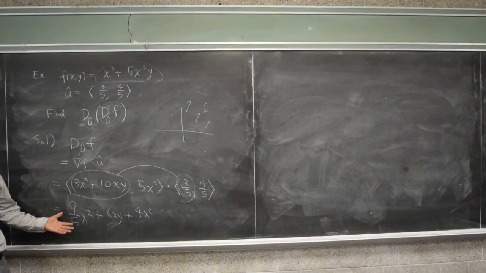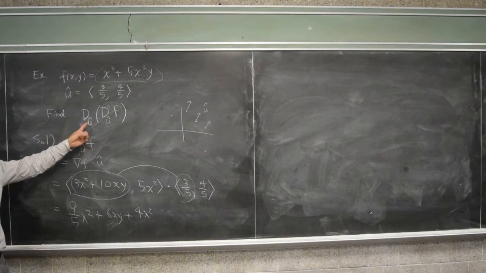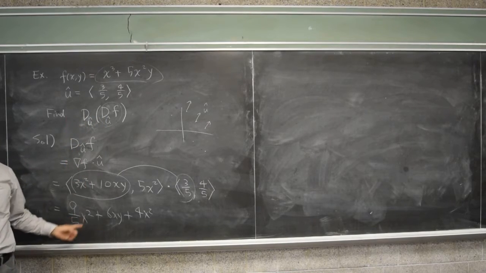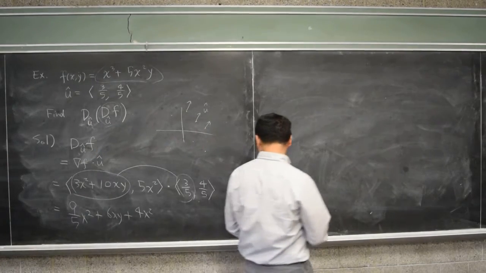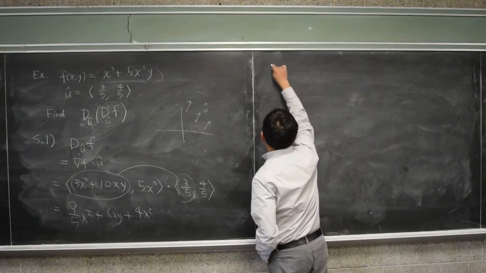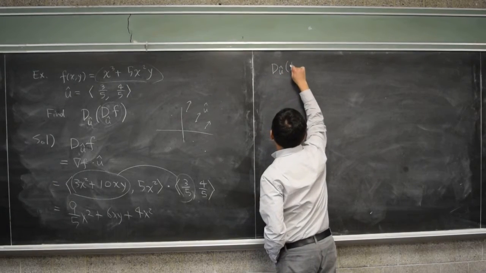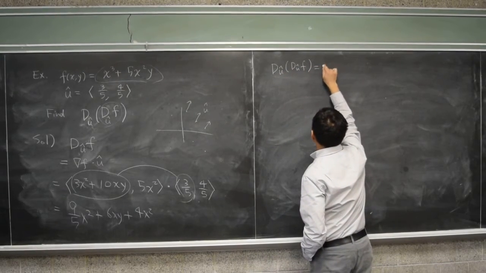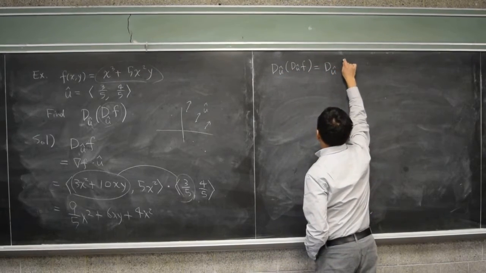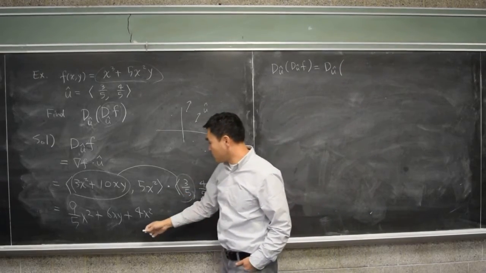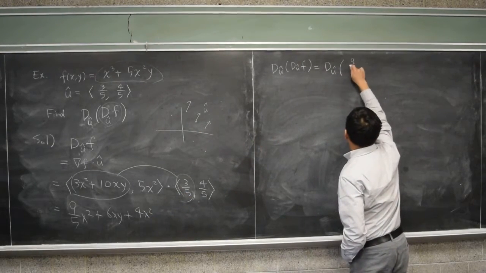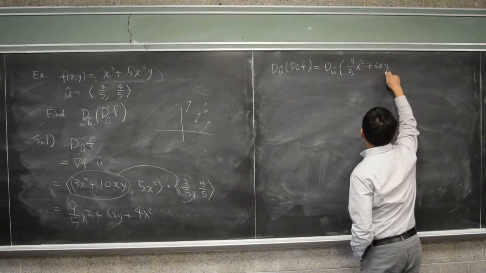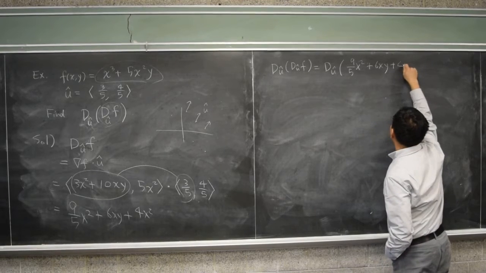Therefore, we can differentiate again. That's what it's asking me. I want to differentiate this twice in the direction u. So let's differentiate this again. So this would be taking the directional derivative of duf, which is this thing, 9 over 5 x squared plus 6xy plus 4x squared.